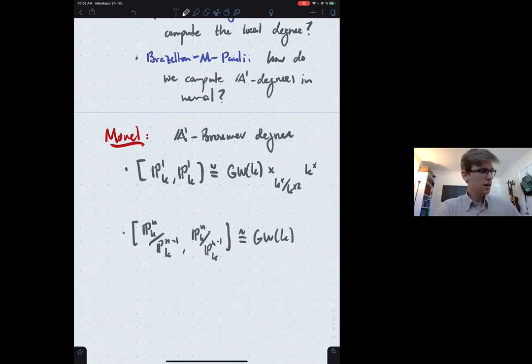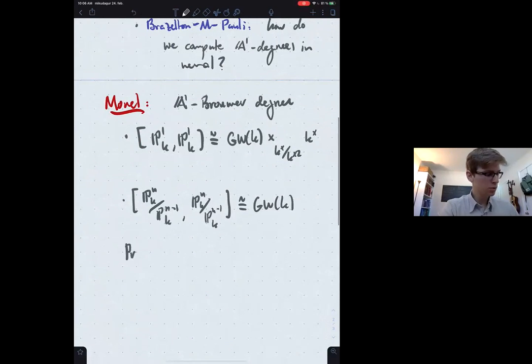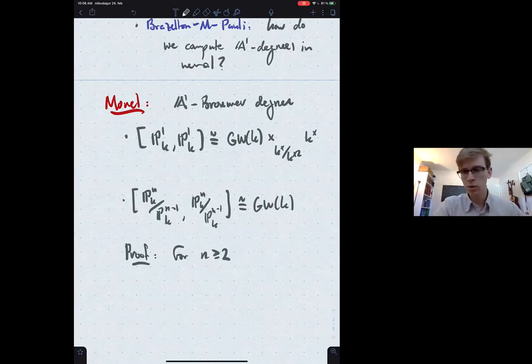Okay. And the general way that Morel proves this for n at least 2 is working basically with sheaves and trying to make sense of what sort of homotopy sheaves you get.